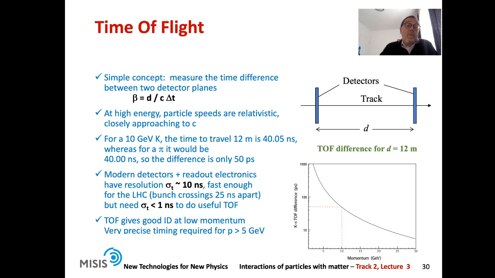Another consequence of that is the time of flight gives good identification at low momentum, as obvious from the figure at the right, and above 5 GeV you really need excellent time of flight time resolution.